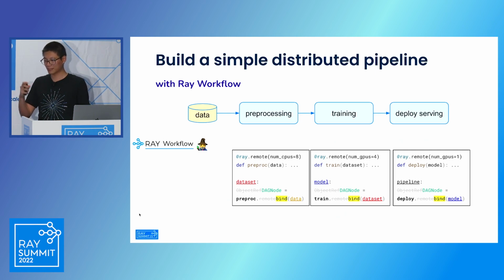But if you bind them first and execute that later, then it wouldn't be an issue. So by replacing .remote with bind, this task will not be executed immediately. It will be a lazy execution, so you can actually get a structure of the pipeline. You can perform some visualization, or you can validate the pipeline and then you execute this pipeline.